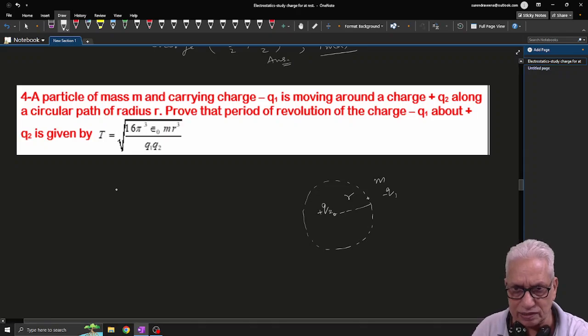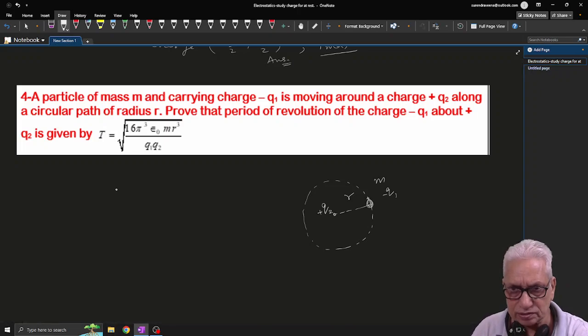So what is happening here? m is the mass, it is circulating in a circle of radius r. Two forces are acting here. Number one, attraction force between positive and negative towards the center, and one centrifugal force is there which is outward.